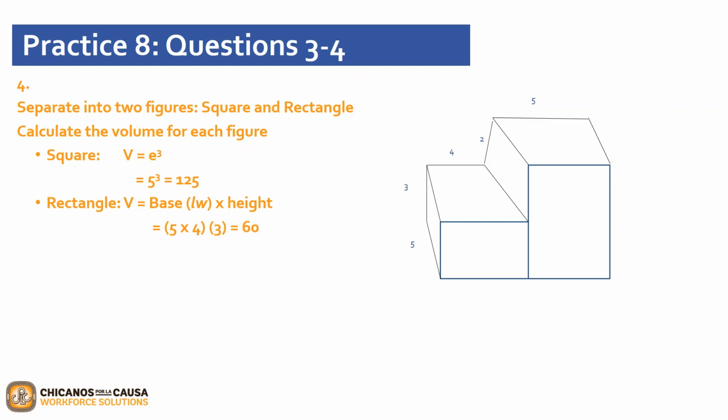The base, we have length times width, which is 5 times 4, times the height, which is 3. That gives us a total of 60. We are then going to combine those numbers, which is 125 plus 60, which gives us an answer of 185 cubic units.